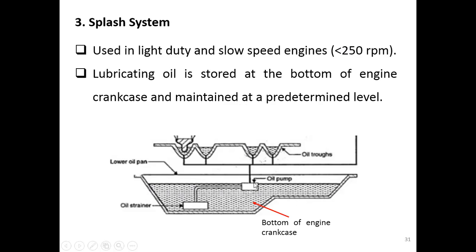So it's stored below here, and the lubrication oil is always maintained at a constant level in order to ensure that there will be enough lubrication oil needed for the engine under different operating conditions. So we have a storage underneath the engine crankcase to store the lubrication oil. So the oil now is inside the engine, for this system.